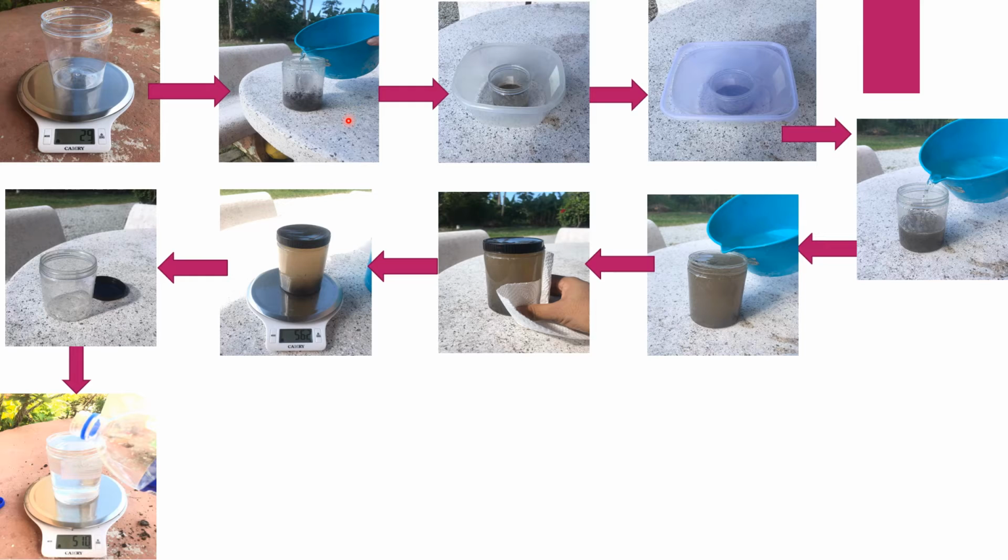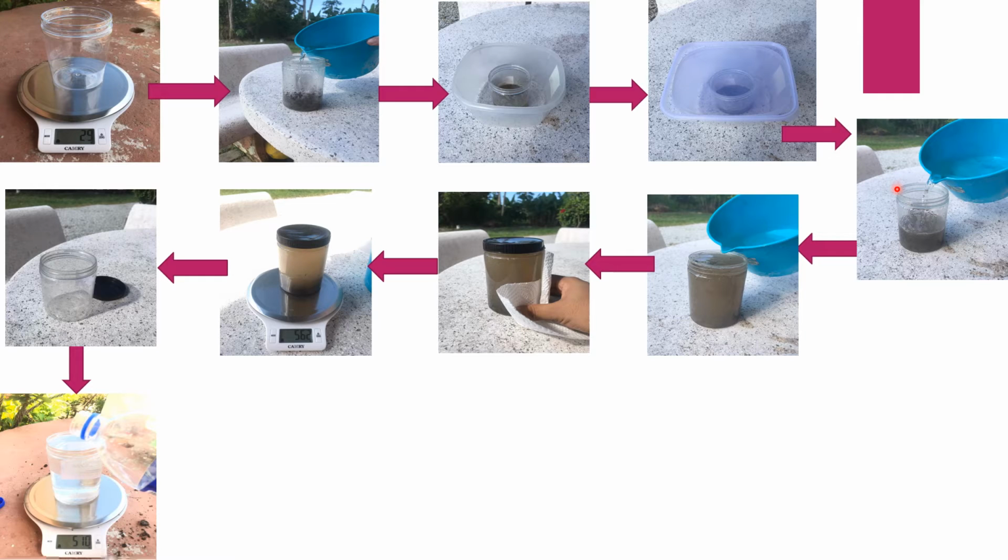Then we put some soil sample into the container carefully and weigh it as W2. After that, we pour about 20 milliliters of water into the container that contains the soil sample. Then it is put in the vacuum without the lid for 1 hour.